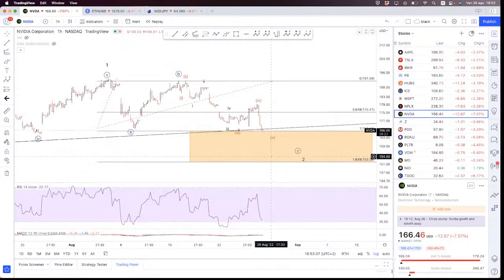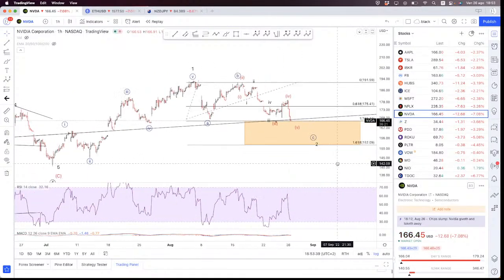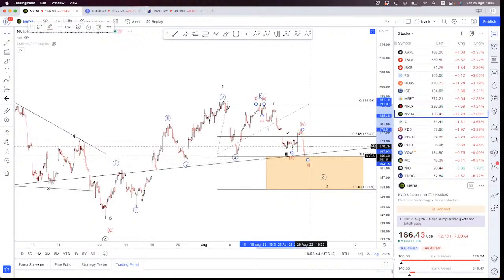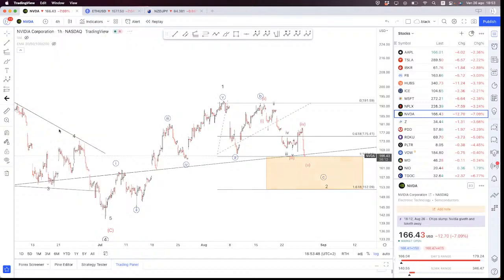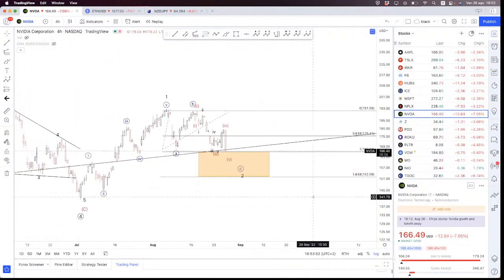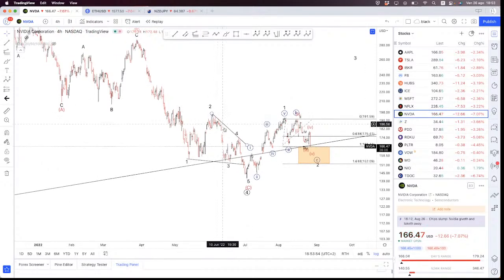Now that we've touched the box, I'm expecting at least a bounce. Even if we don't resume higher, I would be expecting a bounce. Here again, we broke this low.